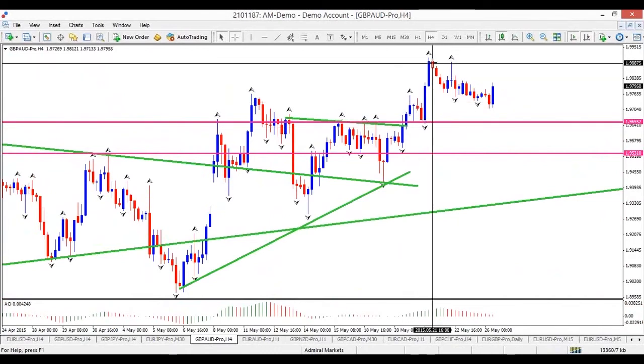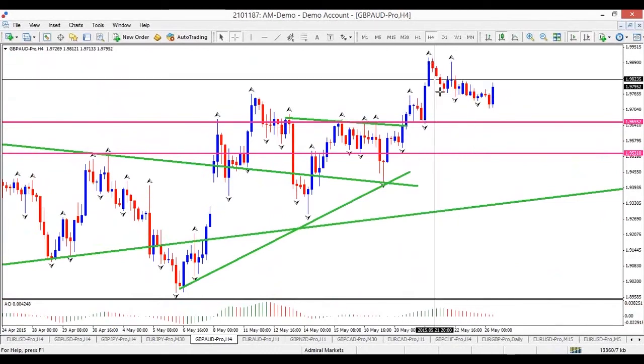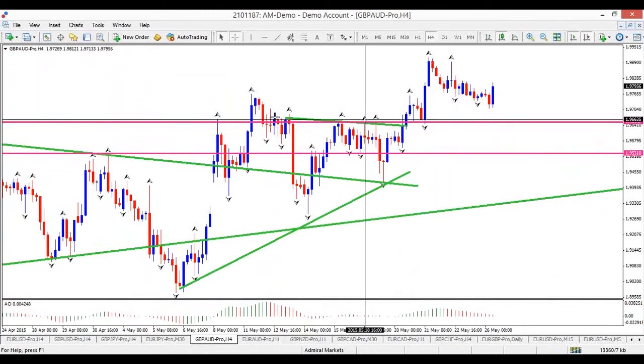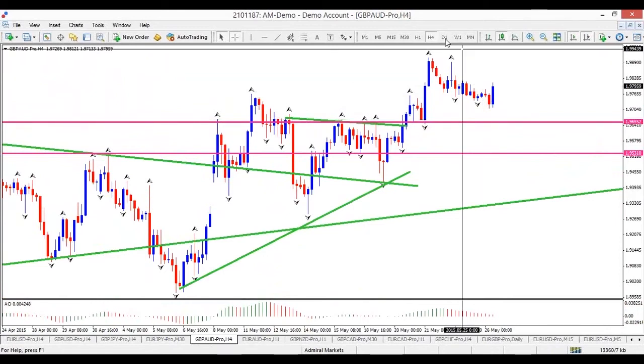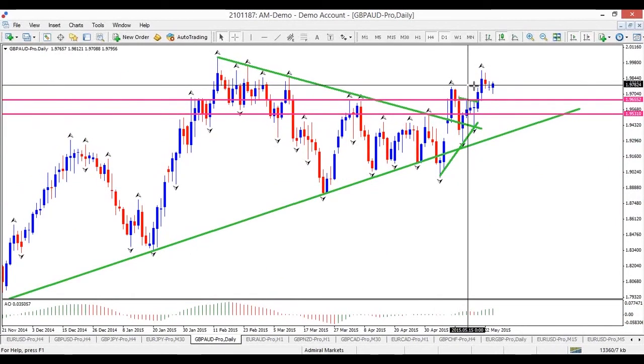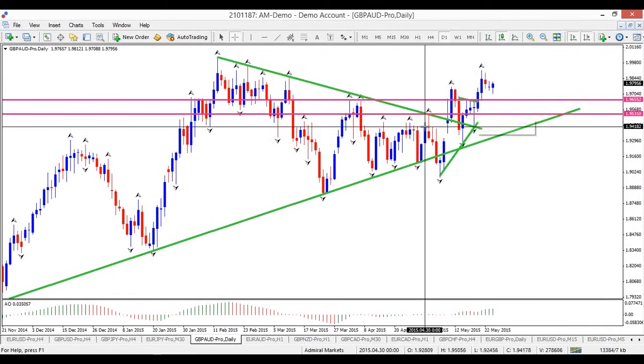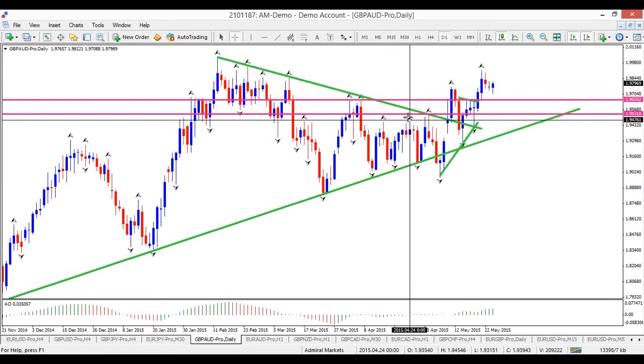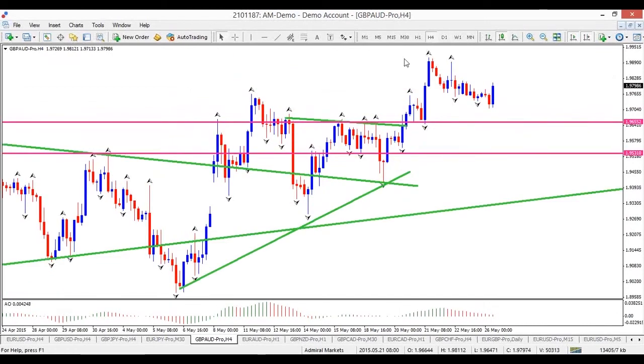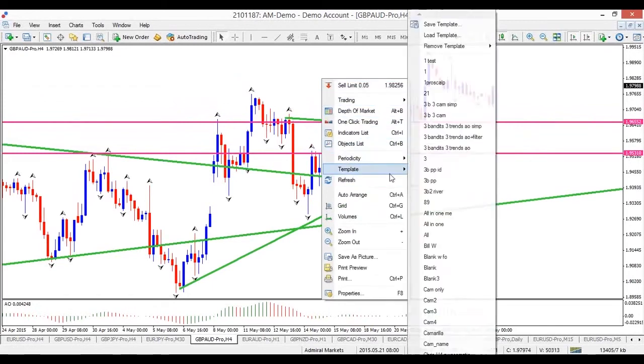We got a break, pullback, continue, and now making kind of a bull flag pattern. So we are getting the higher highs and higher lows, a push out of this triangle clearly now. We already had an initial push last week, we said, right? Pullback, but this is kind of the continuation and second breakout. So from that point of view, with the trend, setups are up to the upside.